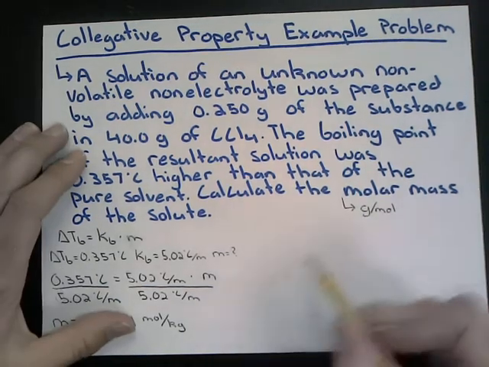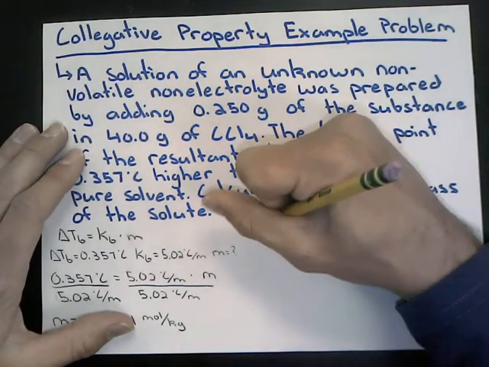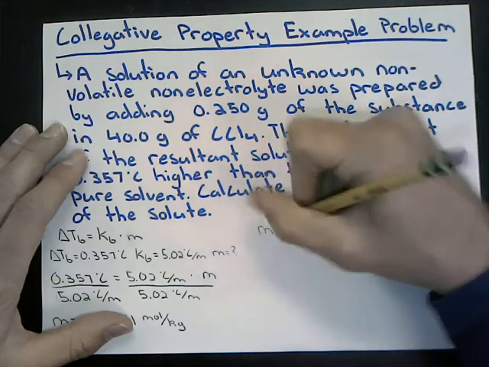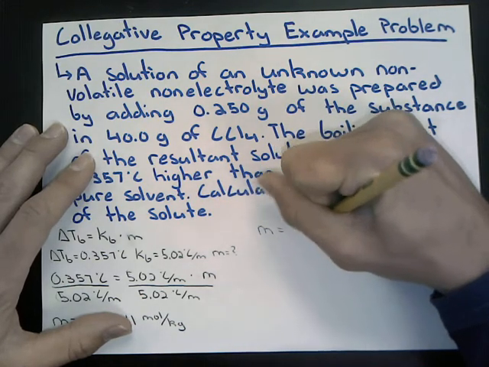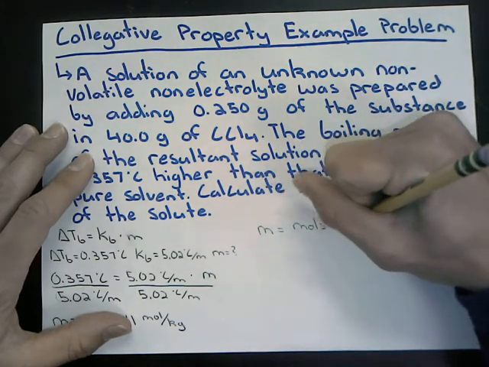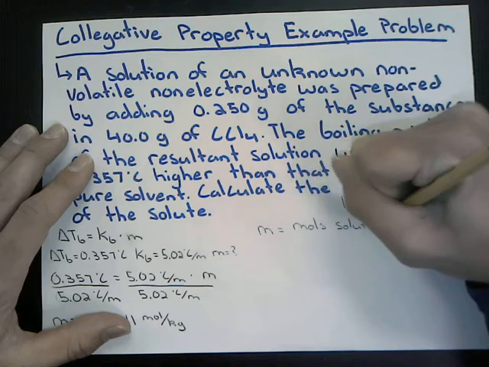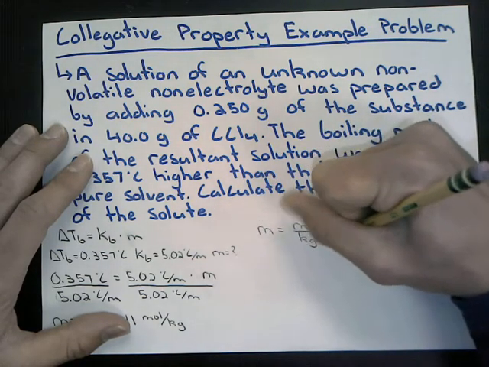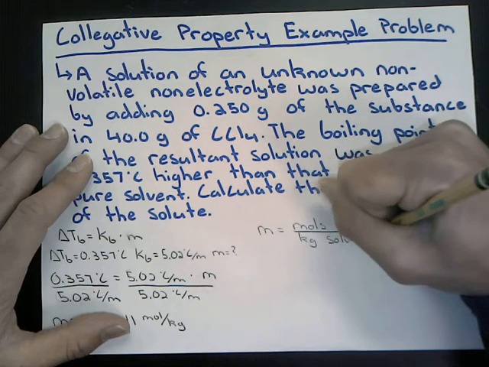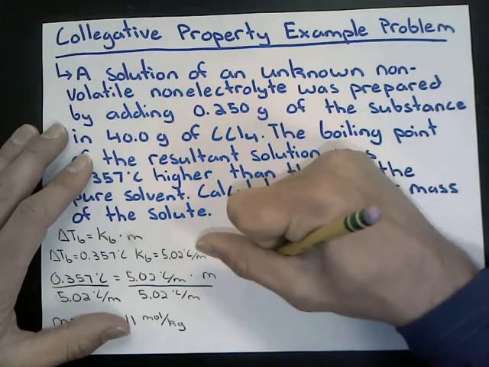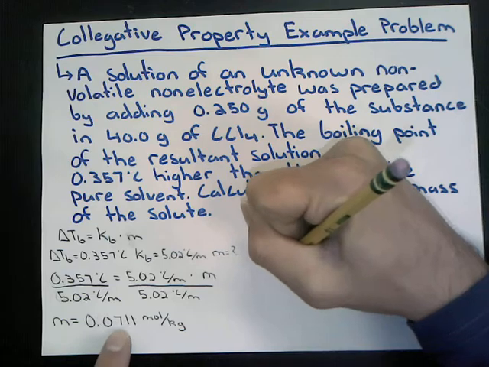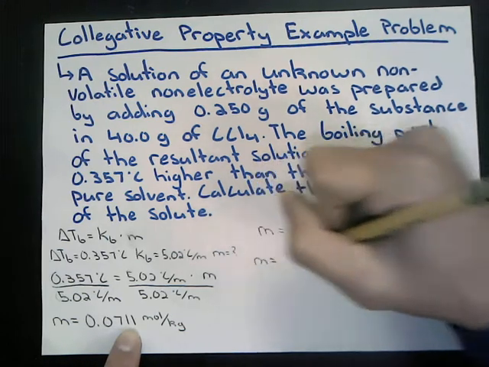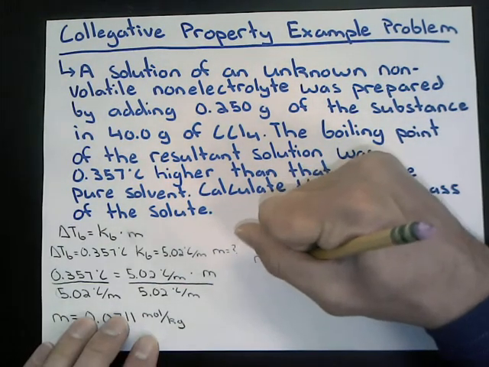If we go to the second part of this problem, we need to think about what molality stands for. Molality is moles of our solute divided by kilograms of our solvent. And we have just established that our molality is 0.0711 moles per kilogram.